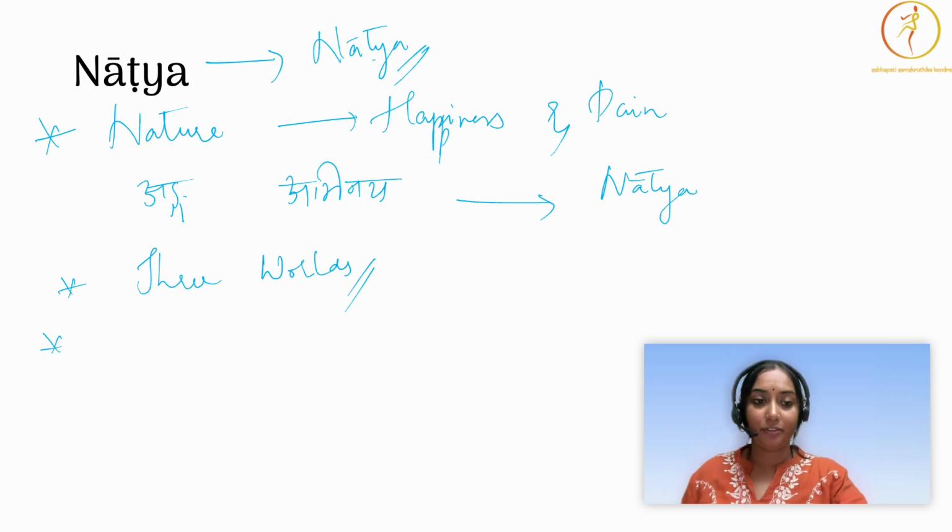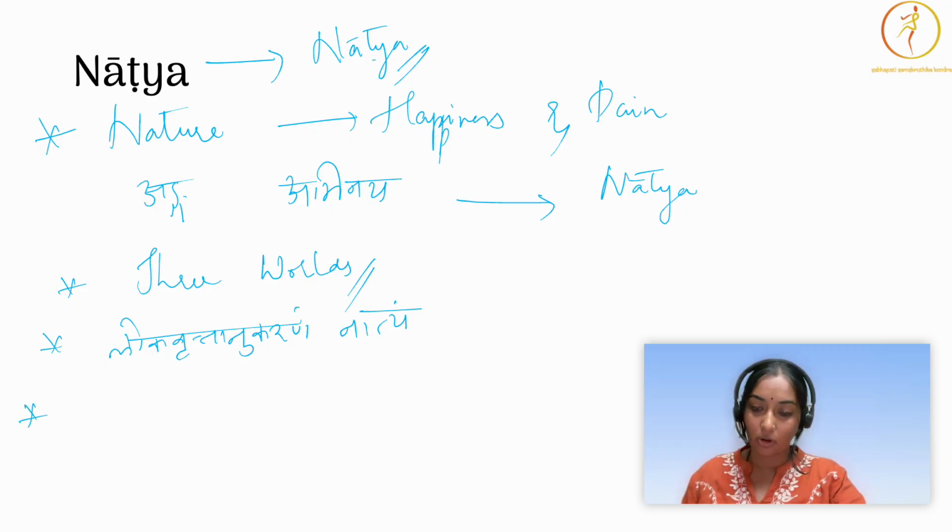And then Bharata finally says, which I told, Loka Vrittanukaranam Natyam. That which is the imitation of the world or the reflection of the world, or where you portray different aspects of the world, that is Natya.